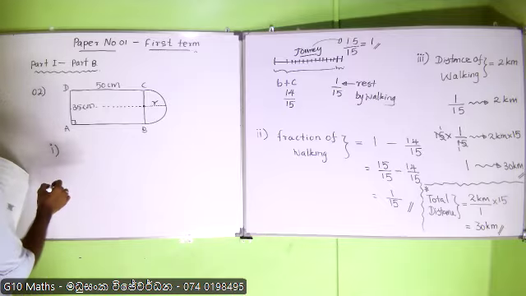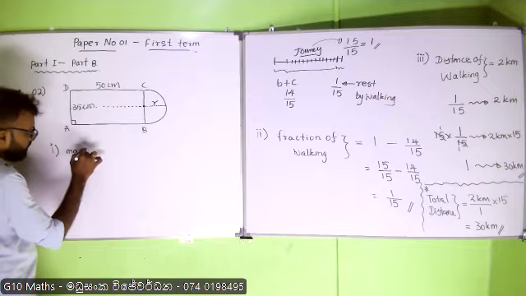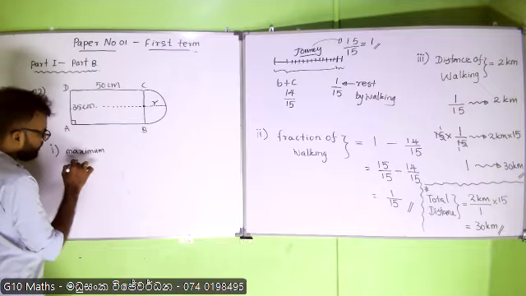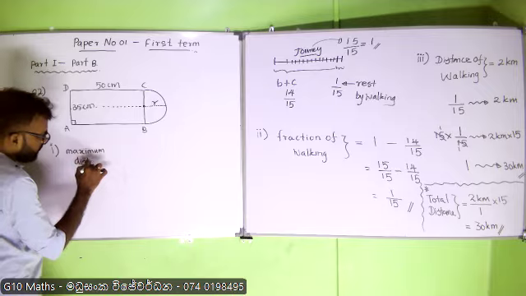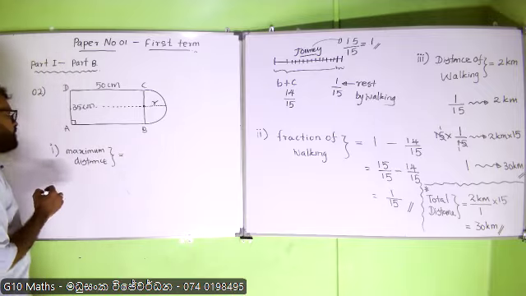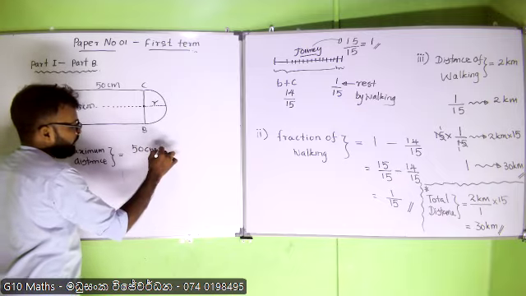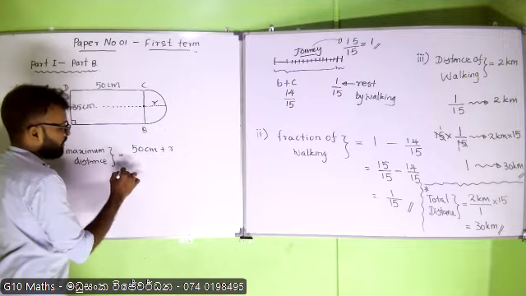As the answer for part 1, the maximum distance equals 50 centimeters plus the radius, right?